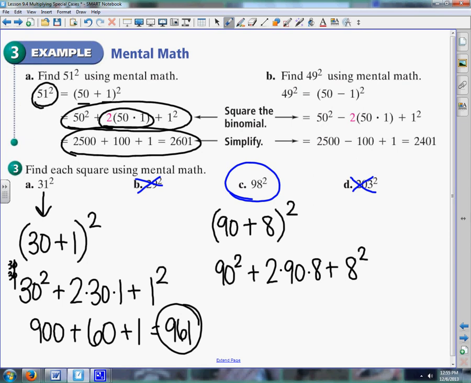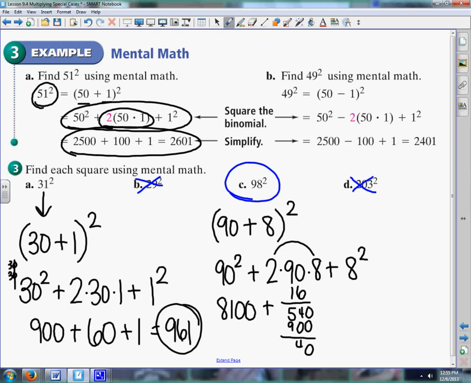90 squared, so 9 times 9 is 81, and I'm going to add my 2 zeros. 2 times 8, I'm going to do these first together, so that's 16 times 90. So 16 times 90, I have to do kind of long. 6 times 0, 0, 54. And then I add my 0, 1 times 9 is 9.